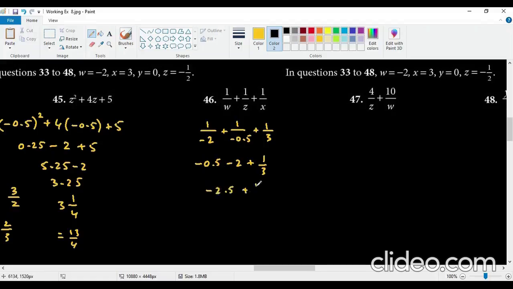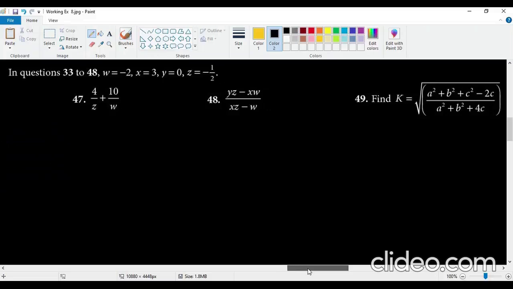So this is negative 2.5 plus 1 over 3, which is going to give you negative 2.16 as an answer for this question.